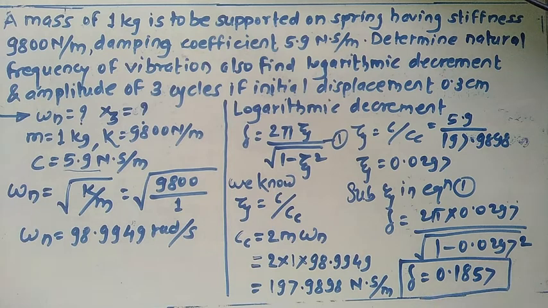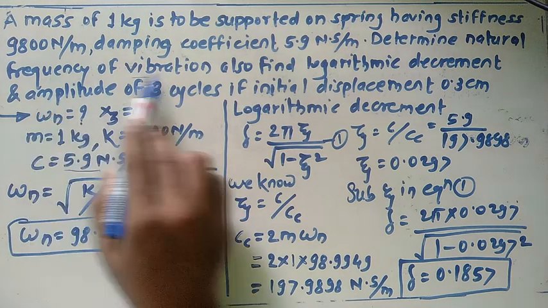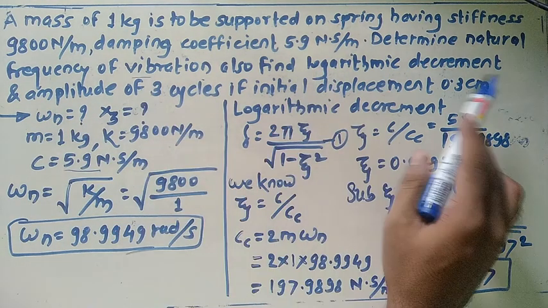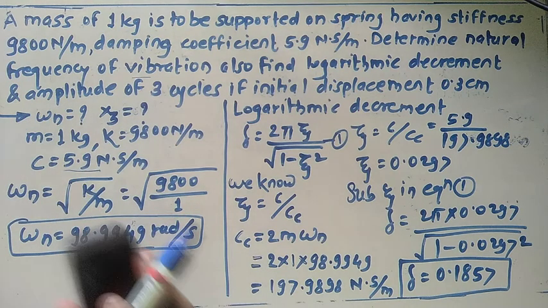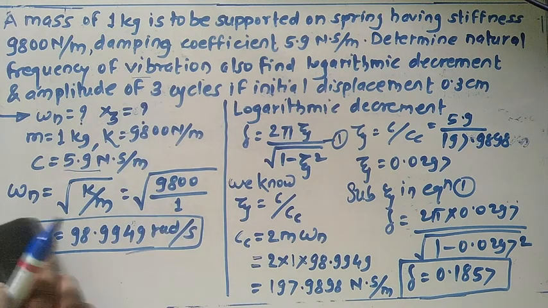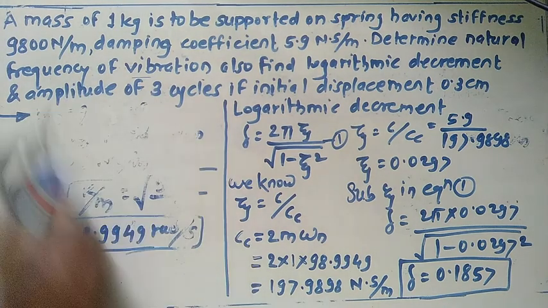So here we found the answer for the first point, natural frequency of the vibration. Also find the logarithmic decrement and amplitude. So this is the third question, and we'll just solve that point here.